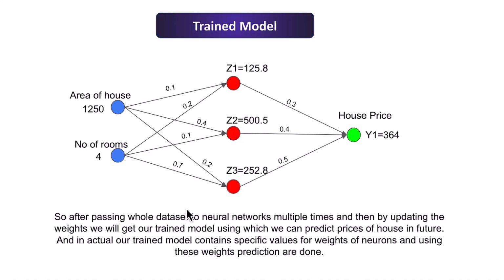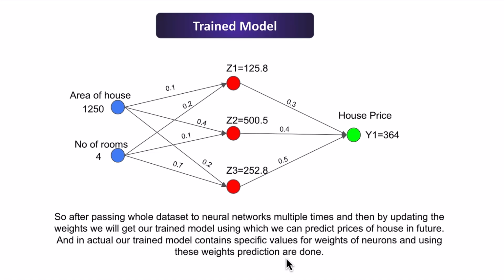So after passing the whole dataset to neural network multiple times, and updating the weights, we will get our trained model. And using this model, we can predict price of house in future. And in actual, our trained model contains specific values for weights of neurons, and using these weights, predictions are done.